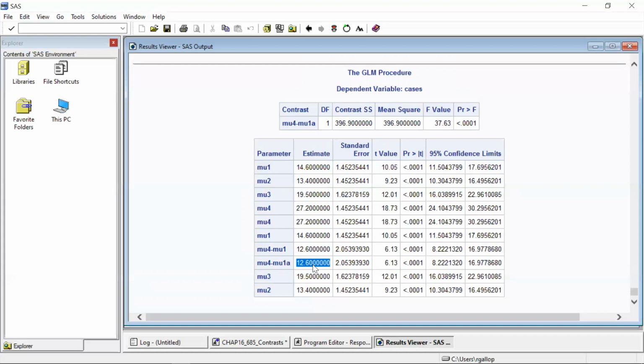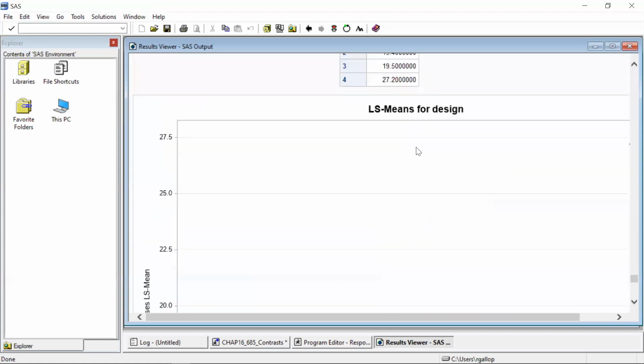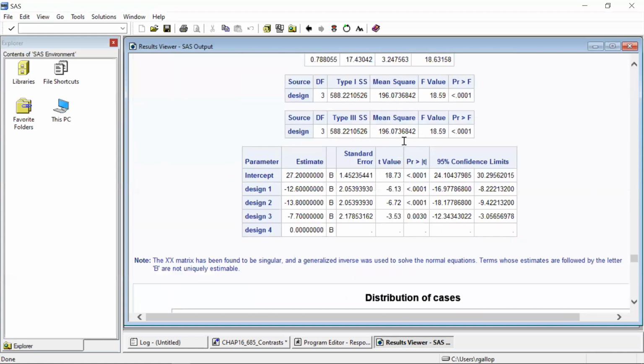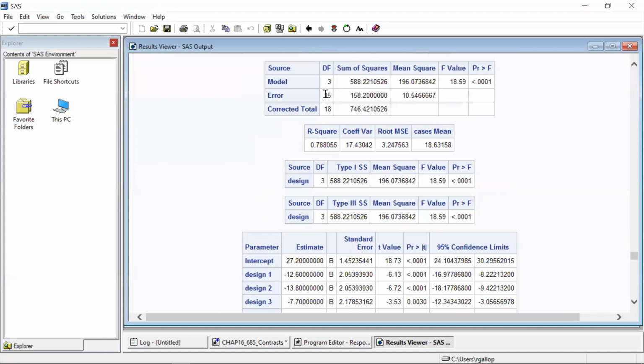If you guys remember from 506, the relationship between a T and an F, you know, a T, when you're dealing with a T, when you're dealing with an F, and here's the degrees of freedom. This is the degrees of freedom of the numerator of the contrast. The denominator degrees of freedom of the contrast correspond to the degrees of freedom of the error.